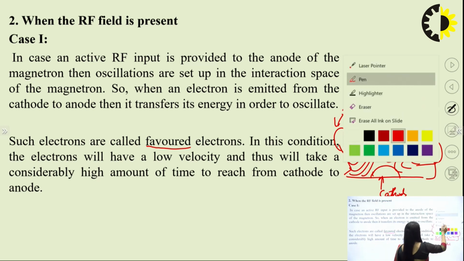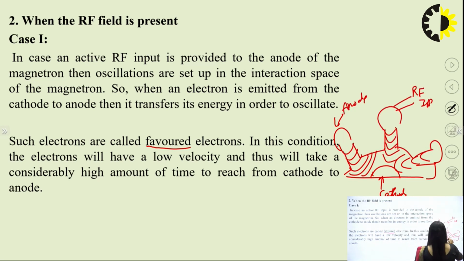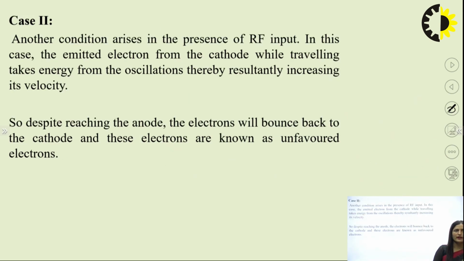Now one electron A is starting from here. So A will give its energy and it will take a longer path to reach the anode, right. So this is the favored electron. It means we require this type of electron which will give its energy to the interaction space, and this energy we will catch as an output signal.